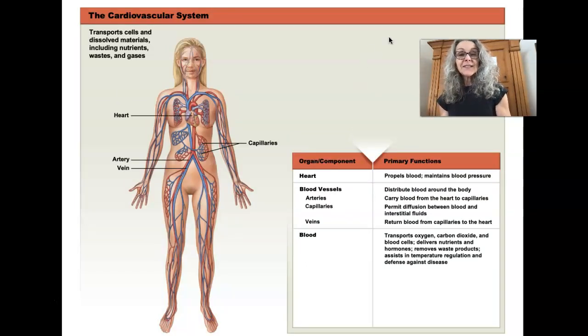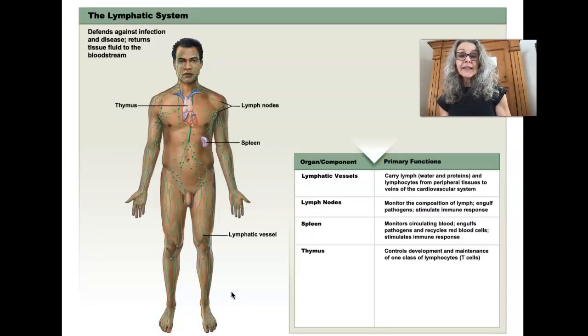You have the cardiovascular system, whose job is transport. It consists of the heart and blood vessels, transporting nutrients and wastes throughout the body. The lymphatic system's job is to take fluid that is filtered out of blood vessels and goes into the tissue spaces in the body, and to take that fluid and bring it back to the bloodstream.